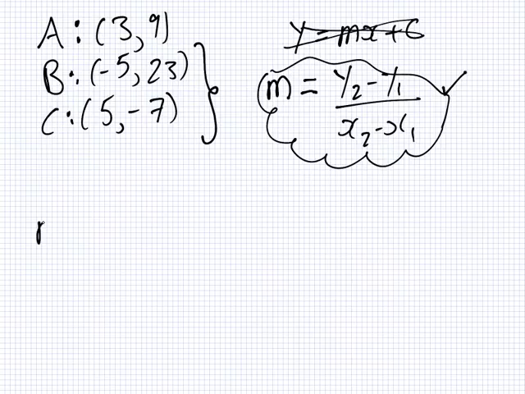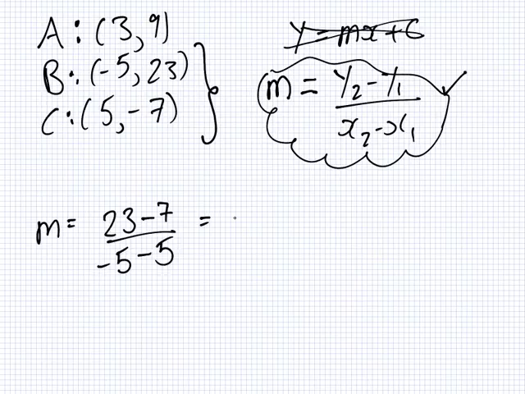The m will be 23 minus 7 over minus 5 minus 5. So what's that? Minus 16 over 10, minus 8 over 5.